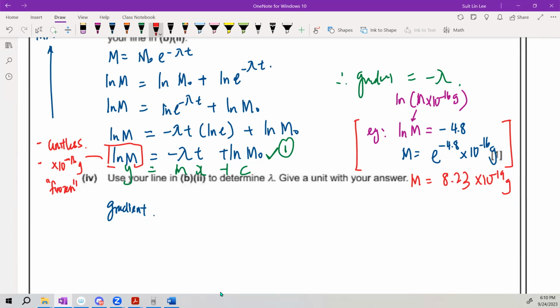So ln itself has no unit. The unit only unfreezes itself when you anti-log, when you anti-ln, when you kick the ln over. Okay, so no unit. Likewise, this one also unitless.